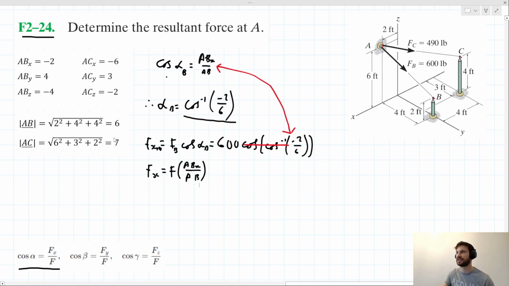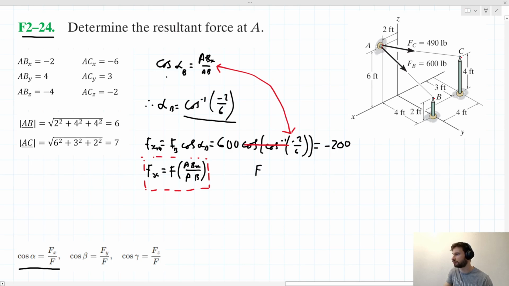So we can use this almost as a general form. So we can easily solve for Fx,B here. We can describe it as minus 2/6 of 600, which is minus 200.